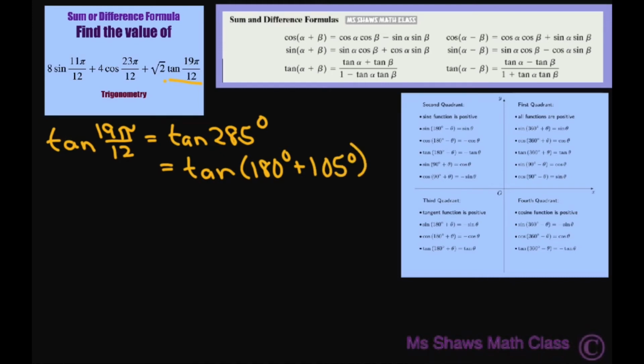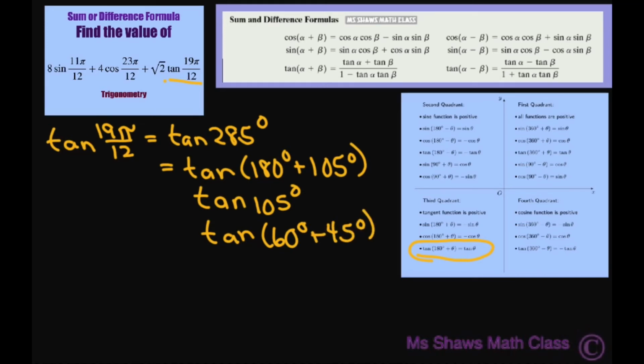So if you look for tangent, plus 180 just equals tan of theta. So this is just going to be tan of 105 degrees, which I can write as tan of 60 degrees plus 45 degrees.